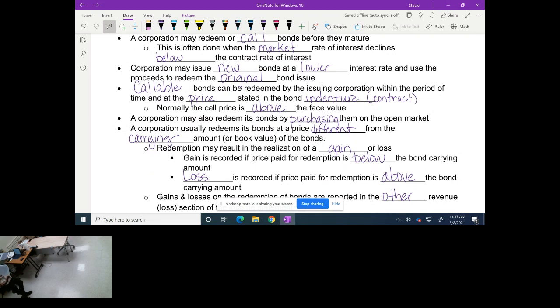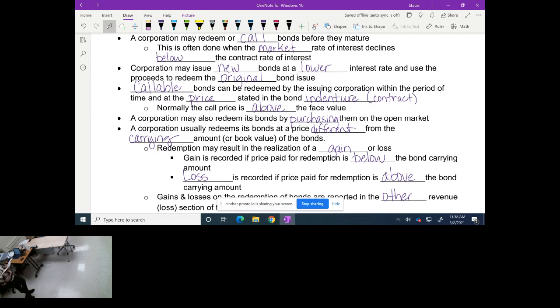A corporation can also, if they want to pull their bonds back in, go out on the open market and buy them. Now, they're usually going to pay a different price than what they sold them for, especially if they're trying to pull them back in because the rates have gone down.